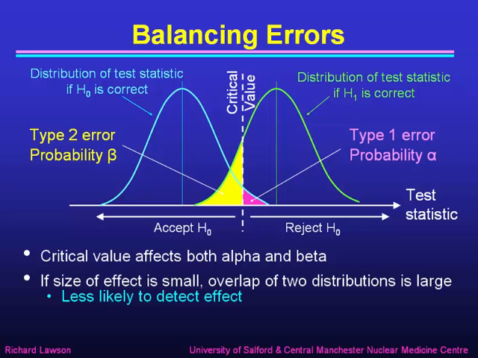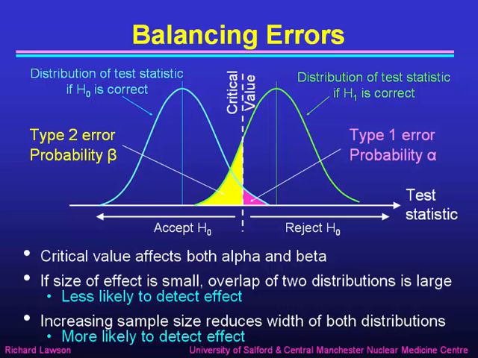Now if the size of the effect is small, so the difference between the two means is small, then there is a large overlap of the two distributions, and so we're less likely to detect the effect because the probability of getting a type 1 or a type 2 error will increase.